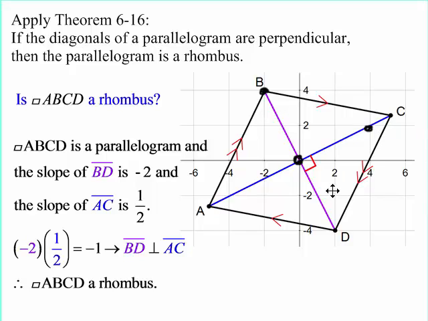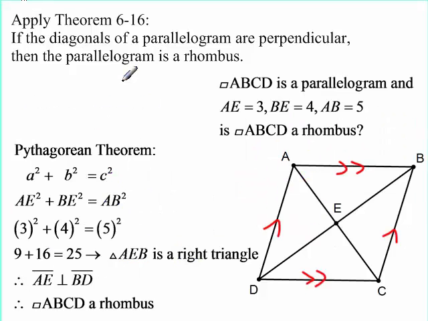This is a slope of +1/2. And we learned earlier this year that if you take the 2 slopes and multiply them against each other, -2 times 1/2, and if you get -1 as an answer, then you can conclude that those 2 line segments are perpendicular to each other. So since the diagonals are perpendicular to each other in a parallelogram, then we can conclude that it's a rhombus.